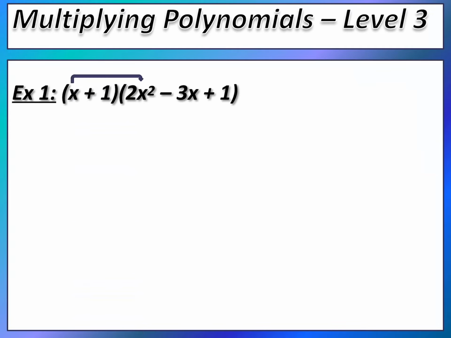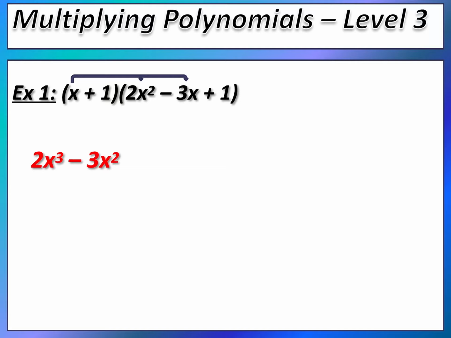So I'm going to start with the x, and I'm going to multiply that into my trinomial. So x times 2x squared is 2x cubed. And then I'm going to take x and multiply it to the second term of the trinomial. I get negative 3x squared.